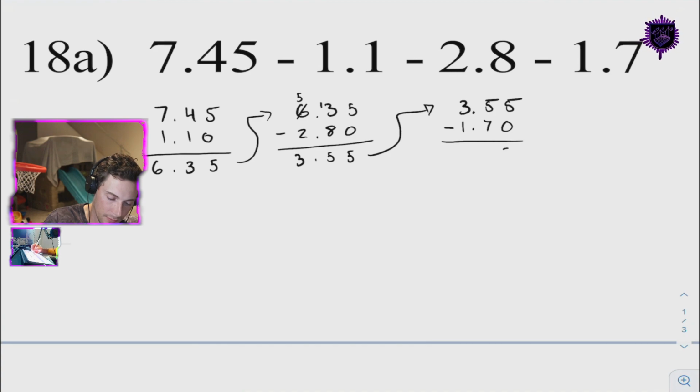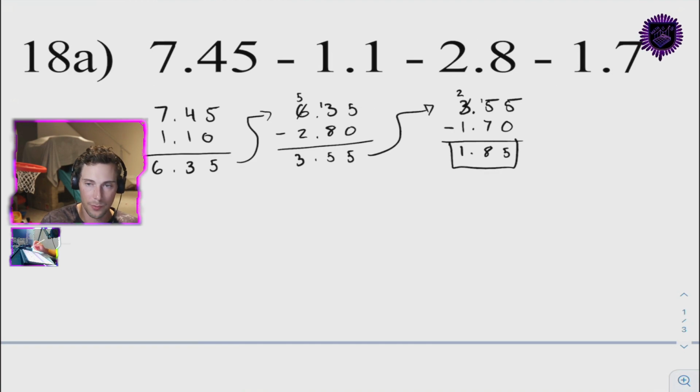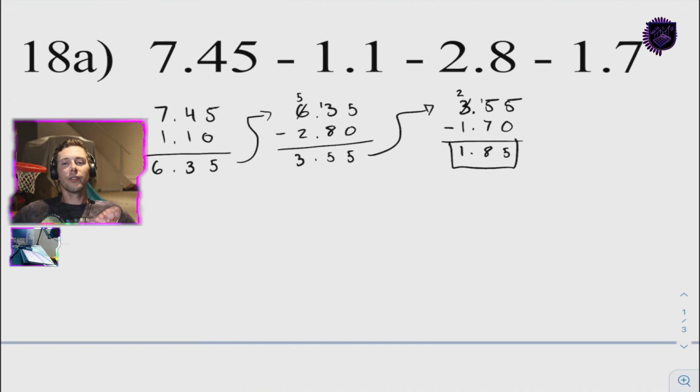Let's drop the 5 down, make that 2, 15. 15 take away 7 is going to be 8. Decimal point 1. Answer is going to be 1.85. Whew.